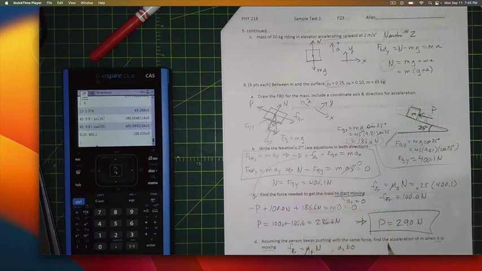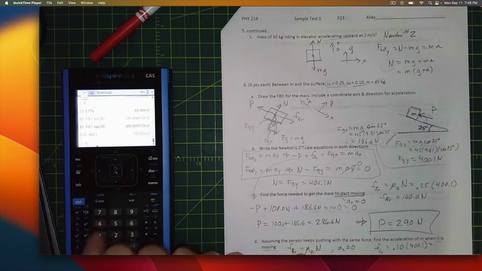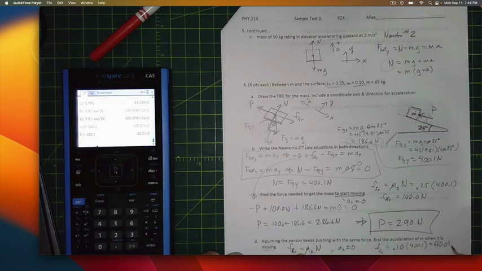Everything is still the same, so Fgy is still 400. We will have a new F of friction though, so let's calculate that. F of friction is equal to mu k times n, where mu k is 0.1. Remember, kinetic friction is usually less than static friction. And N is still the same, 400.1. So 0.1 times 400.1 is 40.01 newtons.